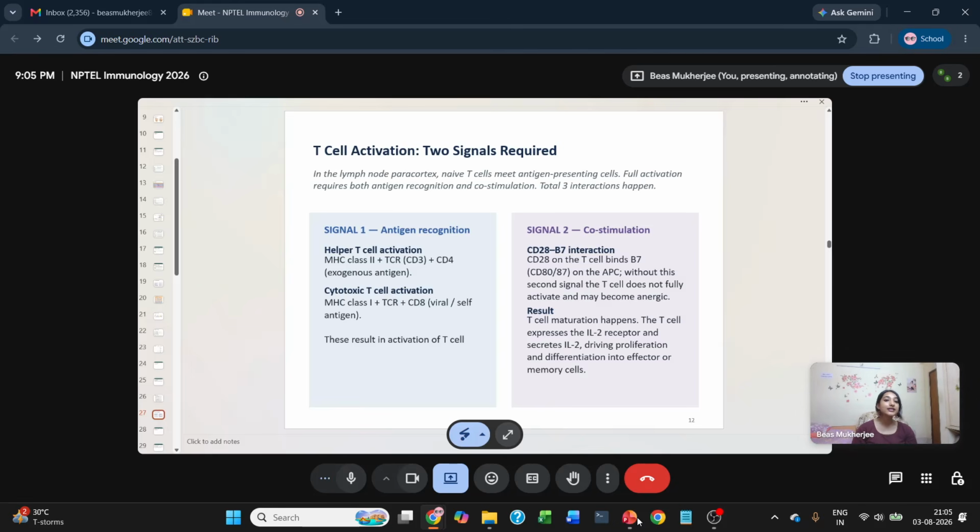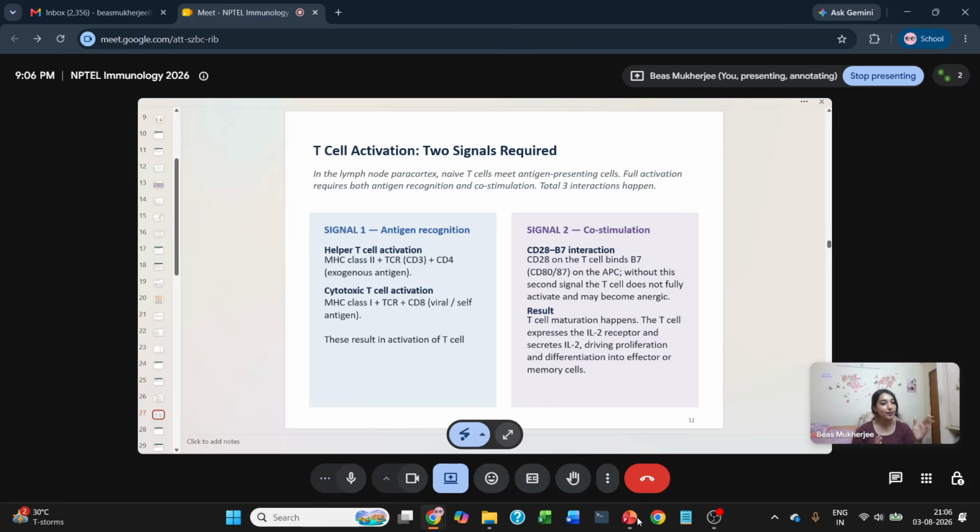Okay. Signal 2 or co-stimulation. There is another interaction, where another receptor called CD28 on the T cell binds to B7. Now this B7 is CD80 or CD86 on the antigen presenting cell. Without this second signal, the T cell does not fully activate and may become anergic. What is anergic?